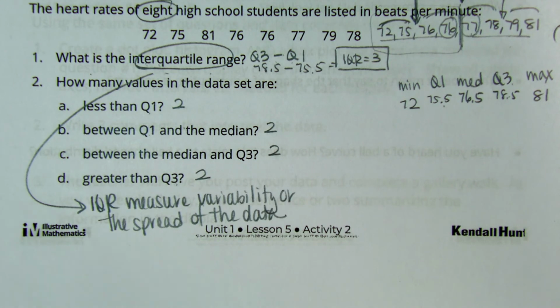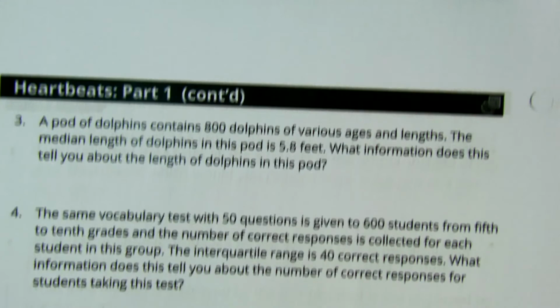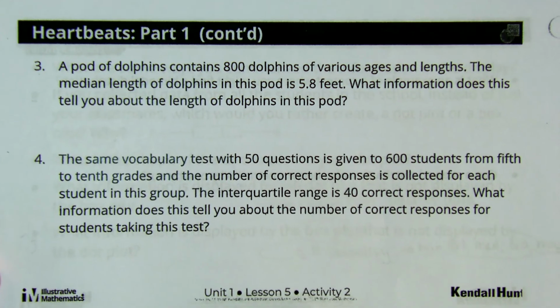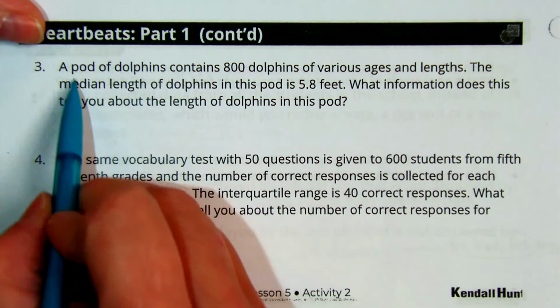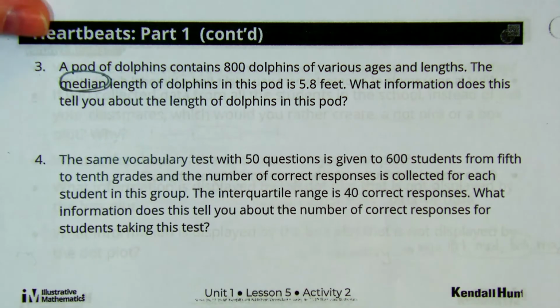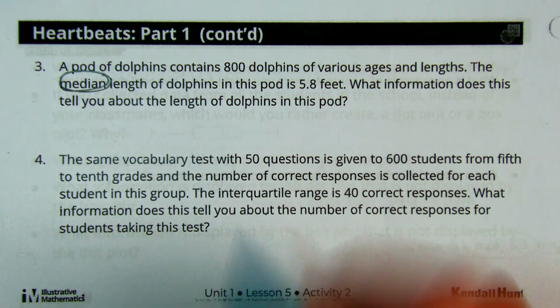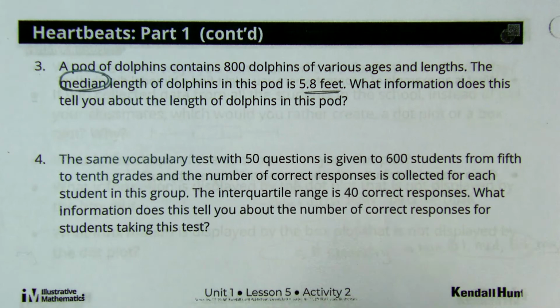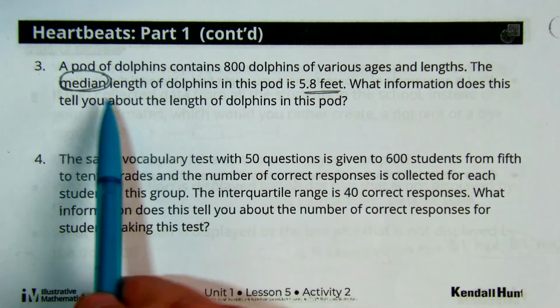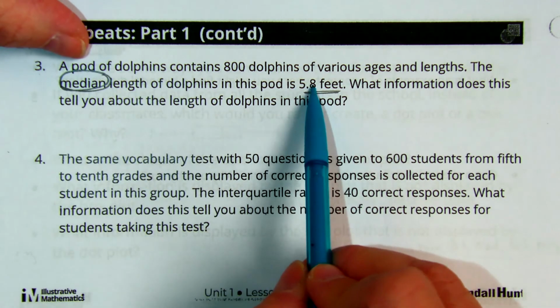So if we move on to number 3 in your packet, it says a pod of dolphins contains 800 dolphins of various ages and lengths. The median length of dolphins in this pod is 5.8 feet. What information does this tell you about the length of dolphins in the pod? So median is 5.8.